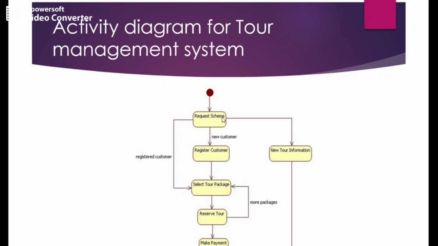So you can request the scheme, which means you will get the new tour information. All the tour and travel destination information will be given, and you have to select the tour package. Everything comes in a package. If you are selecting a destination, then you select for how many days, a 3 to 4 days package or a 10 to 12 days package. You must also know how much it costs, because traveling cost, staying cost, food cost, all those costs will be added to your tour package.